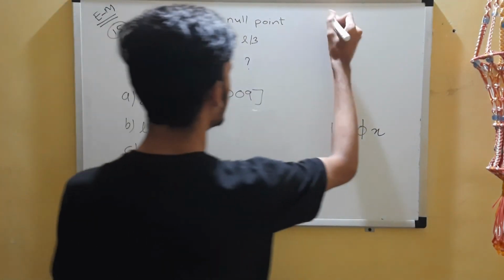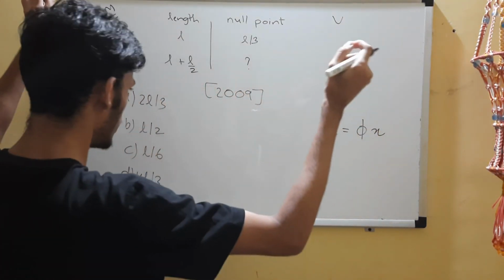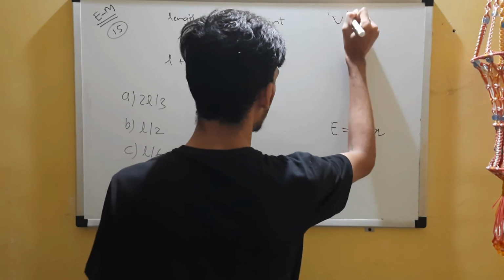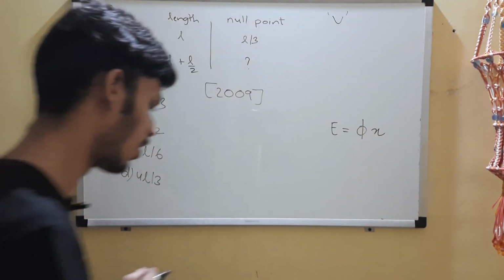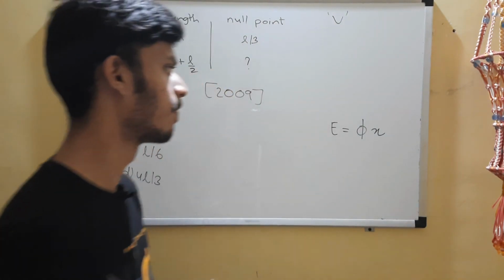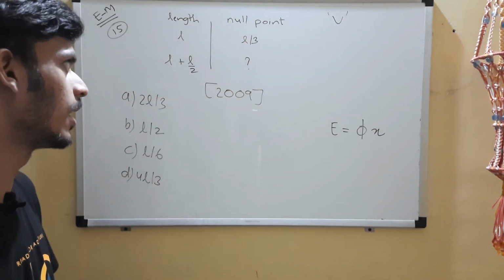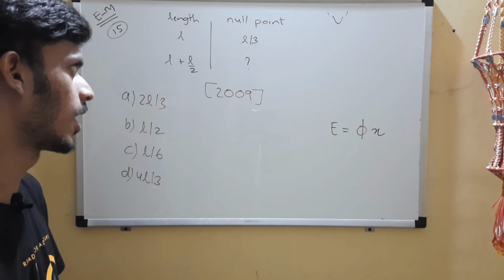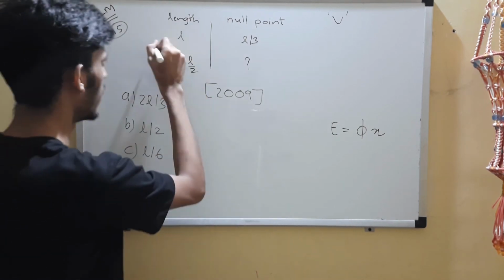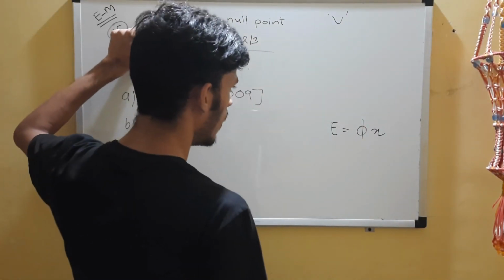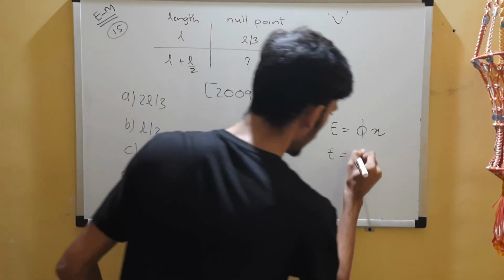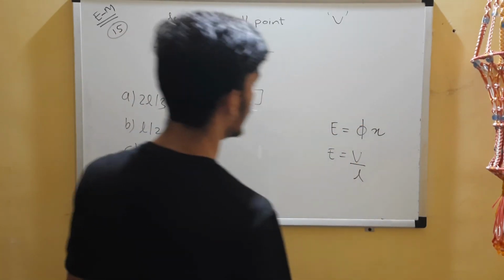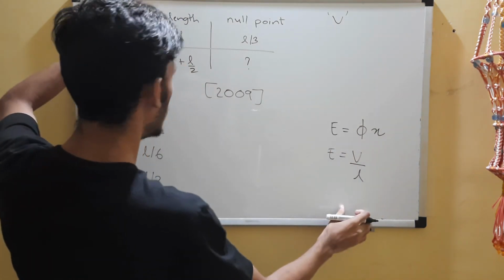So let's consider the voltage drop across the two ends of the potentiometer wire is V. We have connected an external battery of voltage V, so the voltage drop is V across the two ends. In case 1, the voltage gradient will be V by L, the voltage divided by the total length.